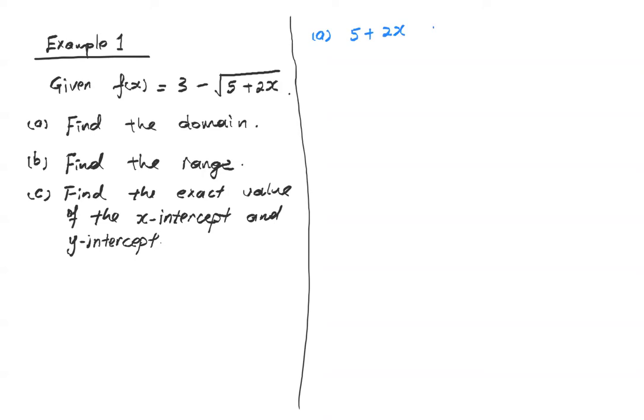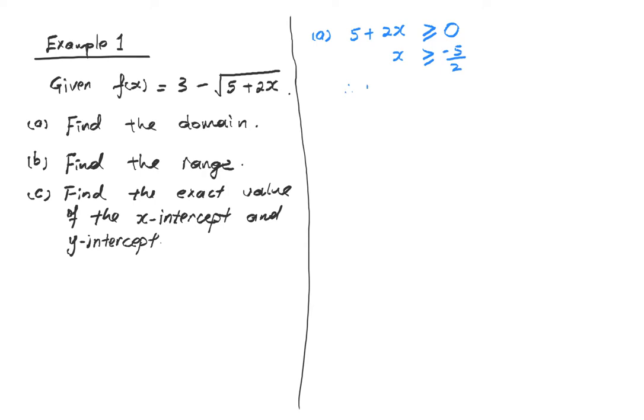It must be greater than or equal to 0. All right. So therefore, my x must be greater than or equal to negative 5 over 2. Am I right? Negative 5 over 2. Therefore, I told you, please don't leave that as an answer.